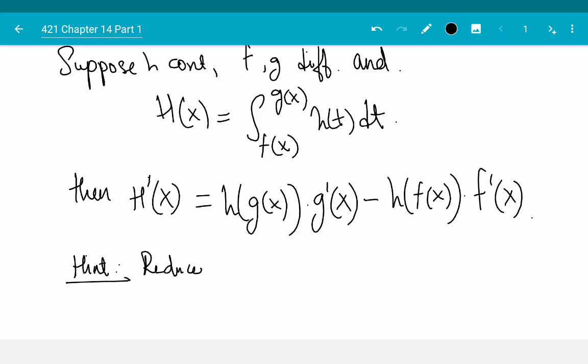Or actually, I'll give you a better hint. Suppose c belongs to the interval f of x to g of x.